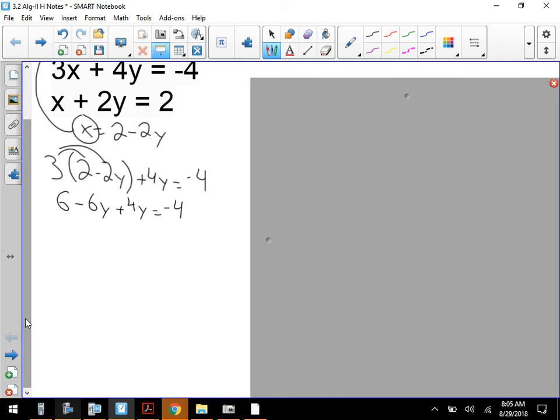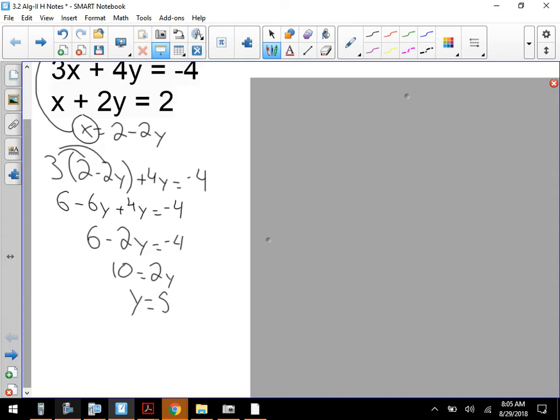Combine like terms, we get 6 minus 2y. One of two things here. As you can very well attest, I am a highly positive person. I'm going to add the 2y and add the 4, and I get 10 is 2y. Therefore, y is 5.